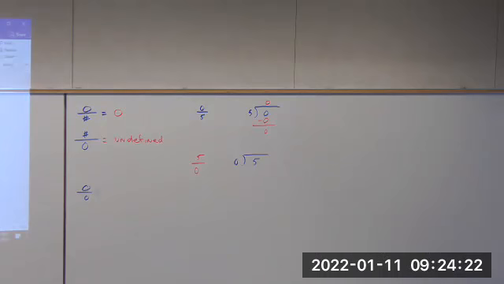Y equals mx plus b. The first thing I have to do is get x on the other side. I want y over here all by itself. So I subtract 32x from both sides.